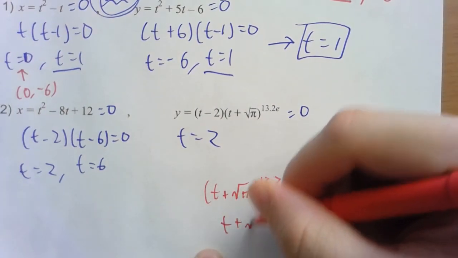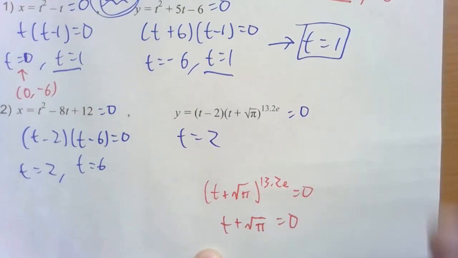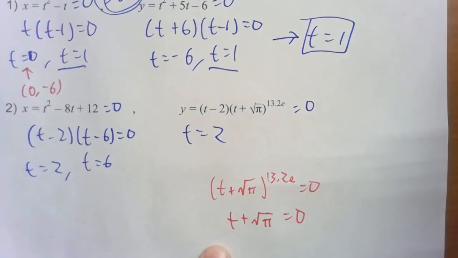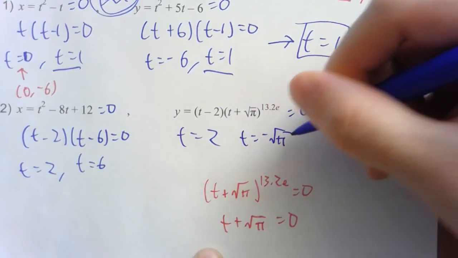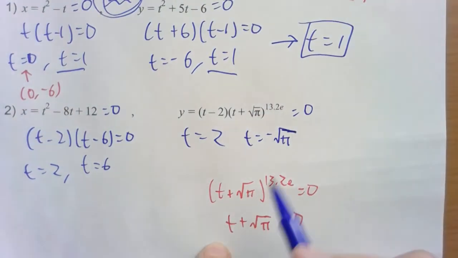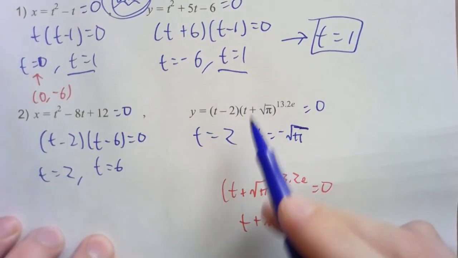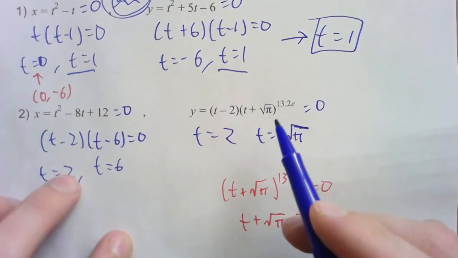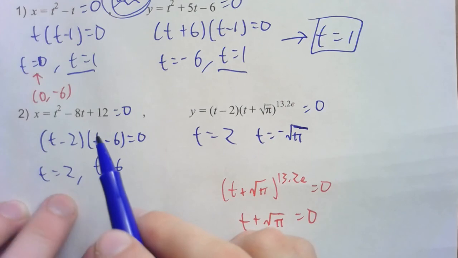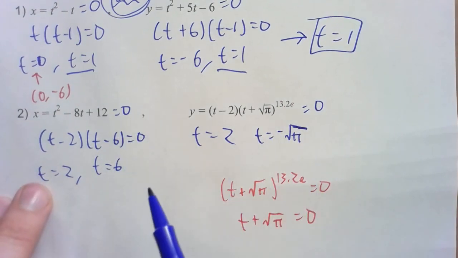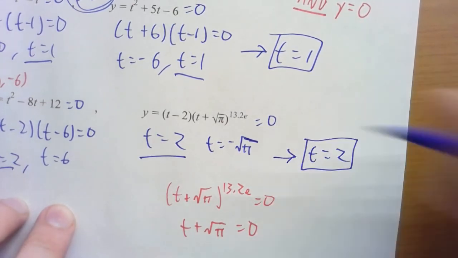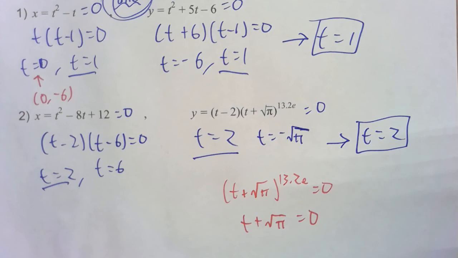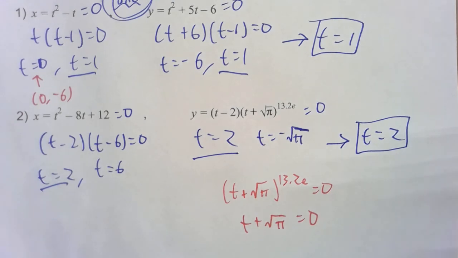So that means t plus root pi has to equal 0. So subtract the root pi. This one over here is t equals negative root pi. But really, this one's not going to matter. Whatever silly answer this is over here, we didn't have that silly kind of weird answer over here. We're just looking for anything that matches. t equals 2 shows up in both spots, and so the answer is just t equals 2. That's where x and y are both 0, and so it's at the origin.